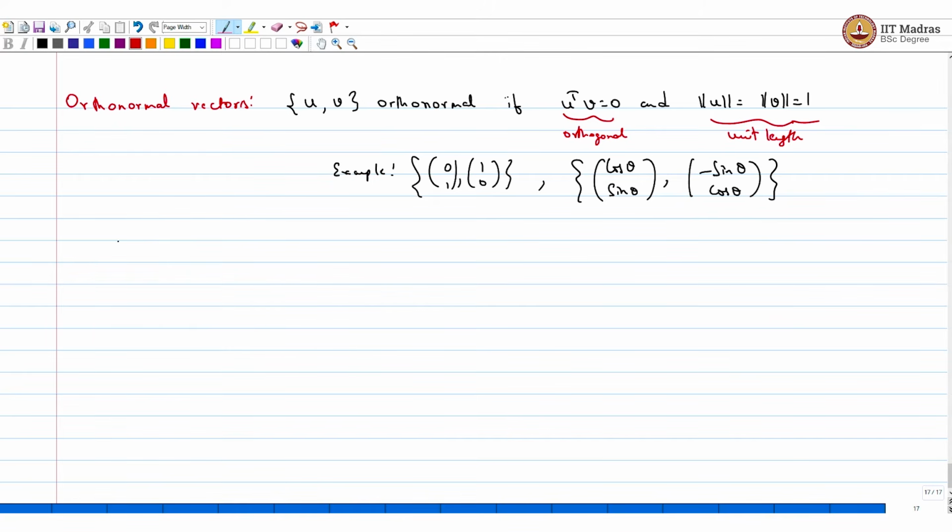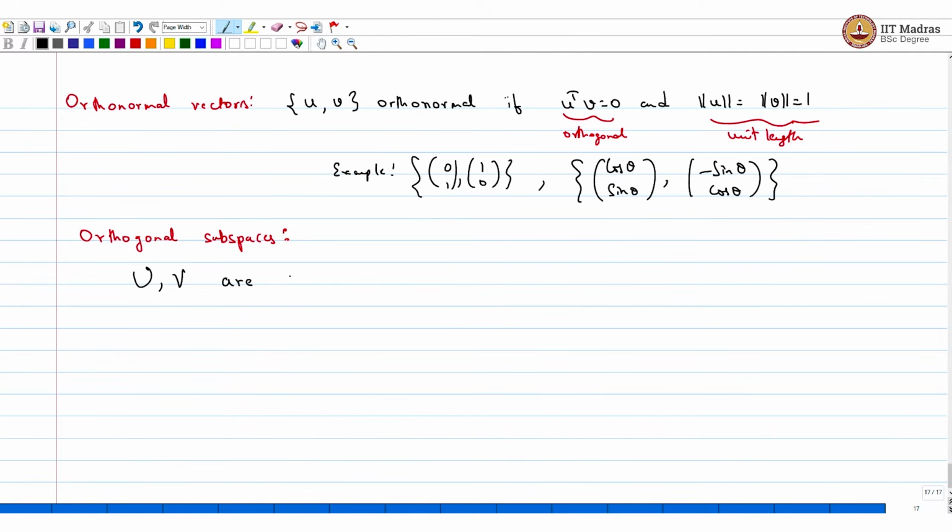Now once we have defined orthonormal vectors and orthogonality, we can also look at what is called orthogonal subspaces. So if you have two subspaces U, V, I am going to use capital letters for subspaces, small letters for vectors.